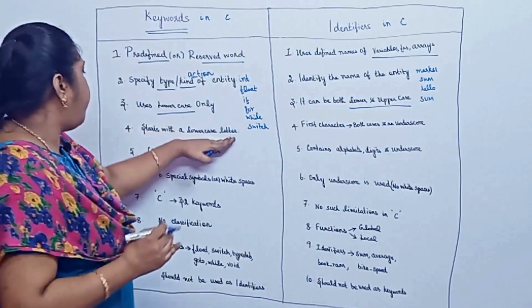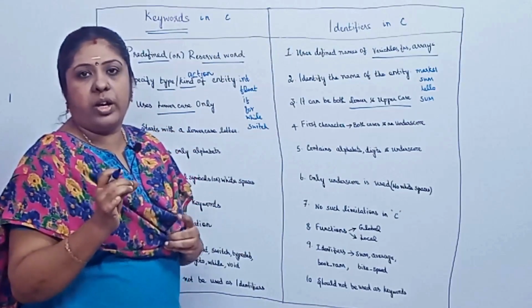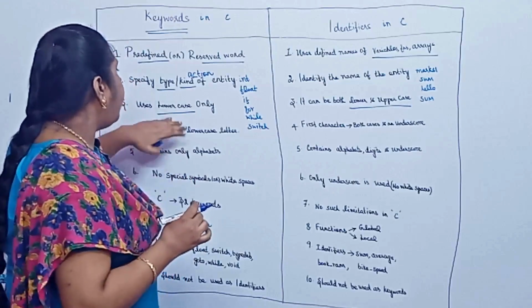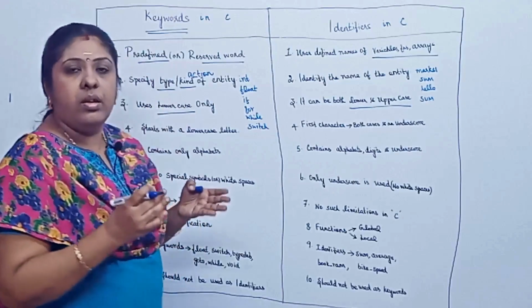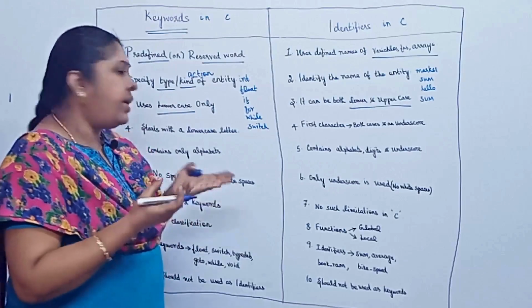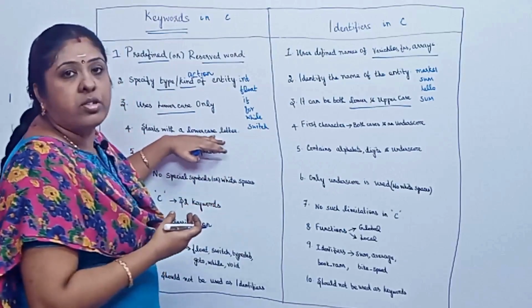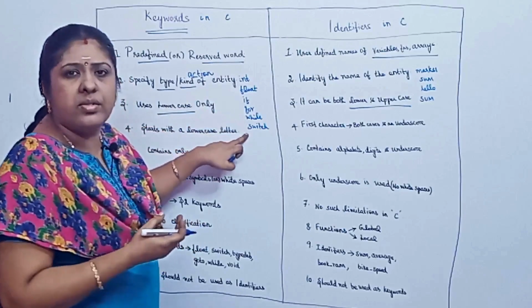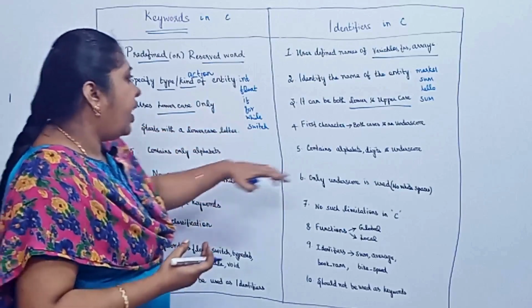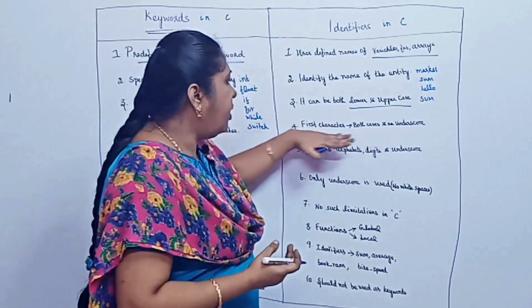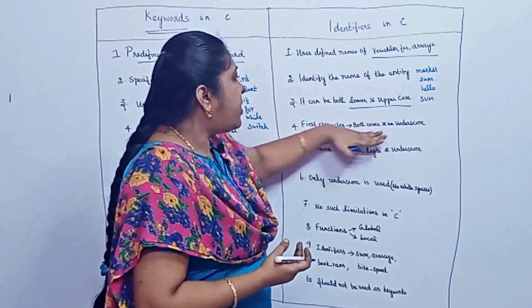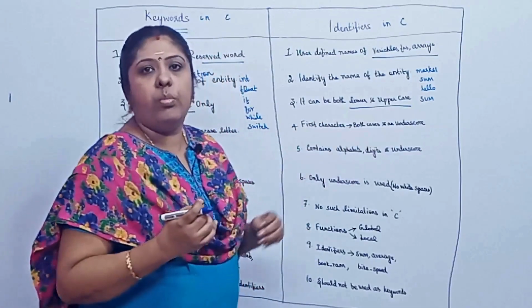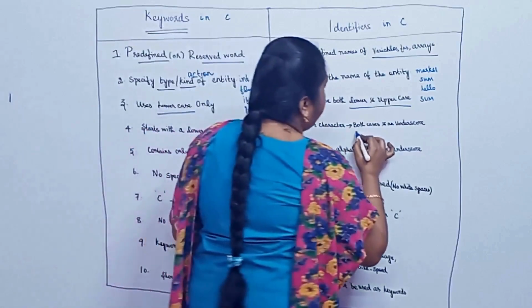And then the fourth point, it starts with a lowercase letter. That is, the first character always is a lowercase letter. Keywords always use lowercase only, so ultimately the first character will also be lowercase. Example here: for, while, switch, everything is lowercase. And then in identifiers, the first character can use both cases and an underscore.